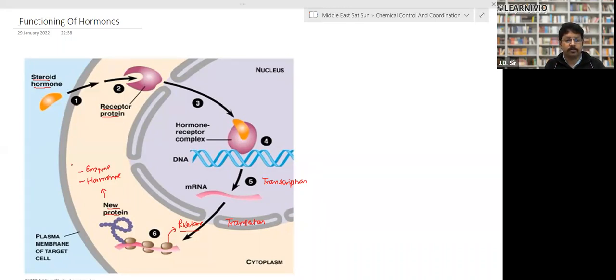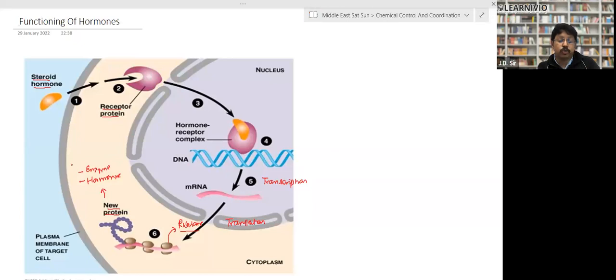Next point. Transcription leads to translation, that is formation of protein. Full stop.